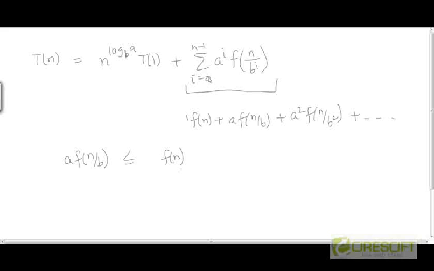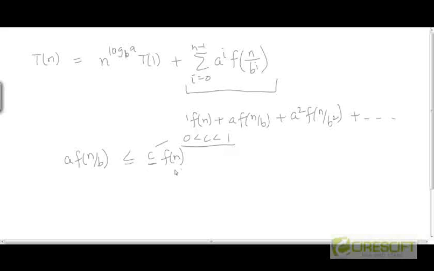Like, we don't want to have a decreasing arithmetic series. We want a decreasing geometric series. So we are going to assume that this second term is less than or equal to the first term by at least some fraction c. c is some number between 0 and 1.